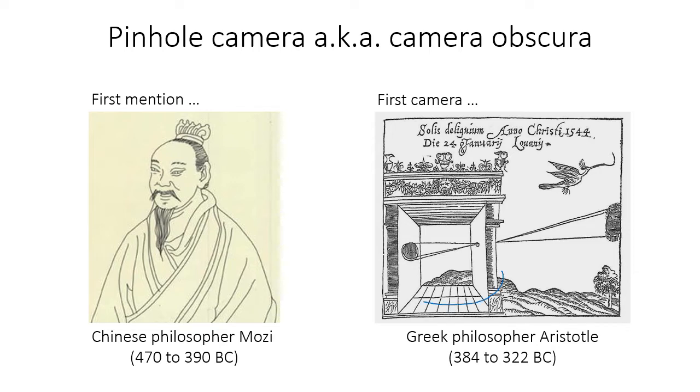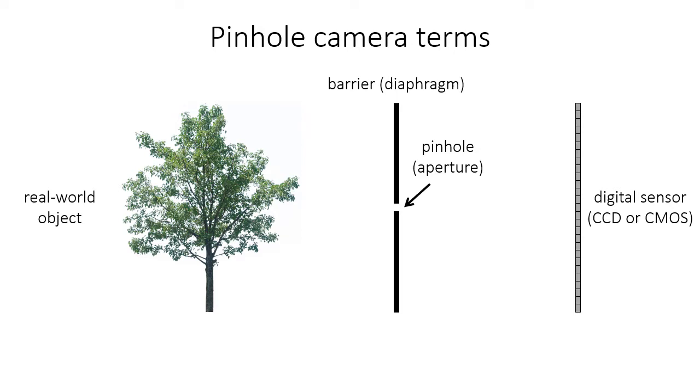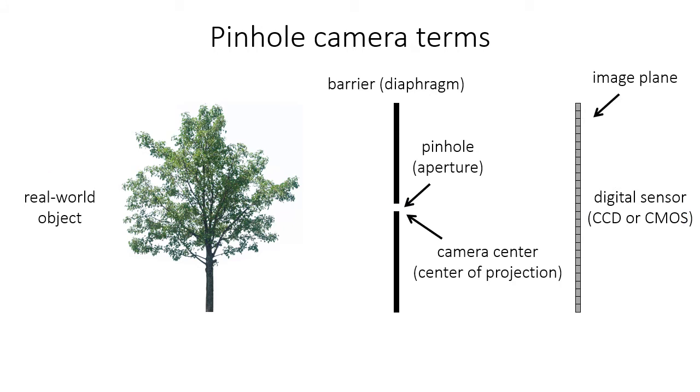You can see this pinhole camera model. Let me explain pinhole camera terms. We have the real world object or real world scene to be captured, and we have a digital sensor made with a CCD or CMOS sensor, and there is a barrier, and in this barrier we have a pinhole, a very small hole, and we call it the aperture.